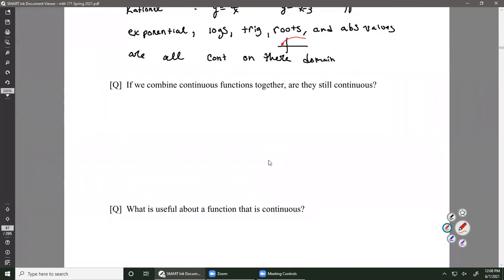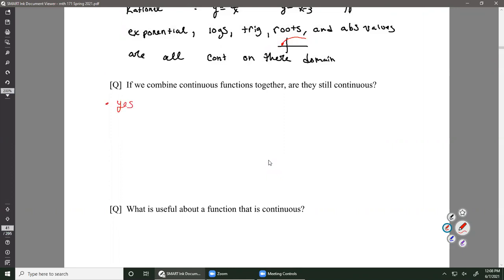All right. So the second question says, if we combine continuous functions together, are they still continuous? And the answer is kind of. So I'm going to answer this in two parts.